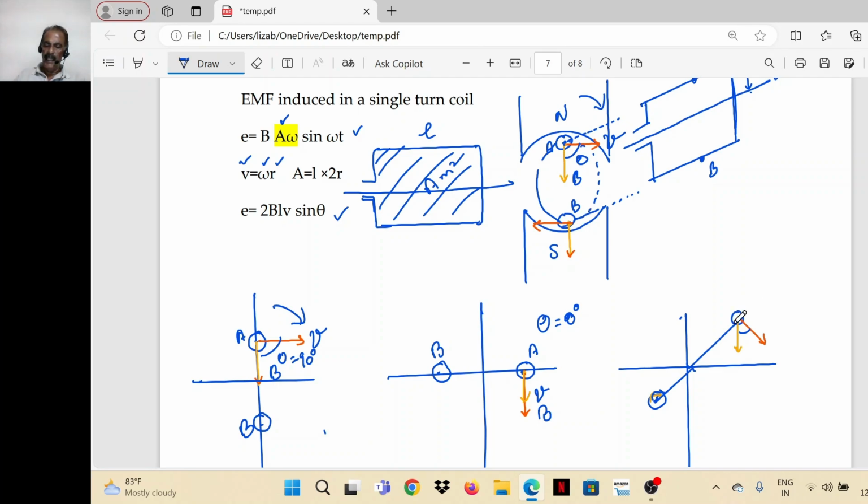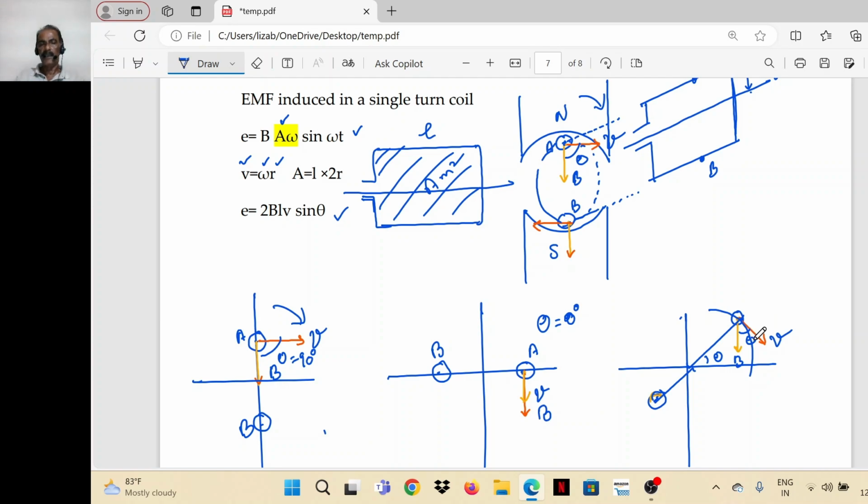Now take an intermediate position. This is the velocity vector, which is always tangential to the circular path. This is the flux density vector, which is always down. So this is theta. This angle is the same as this. So at this point, theta has a value between 0 and 90.